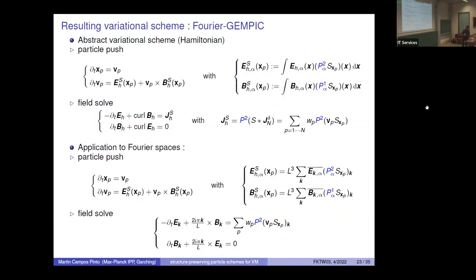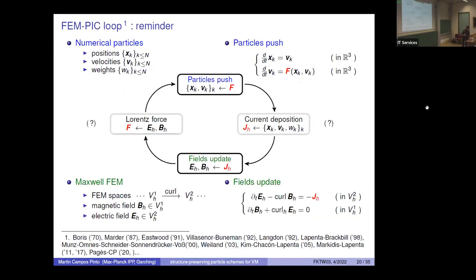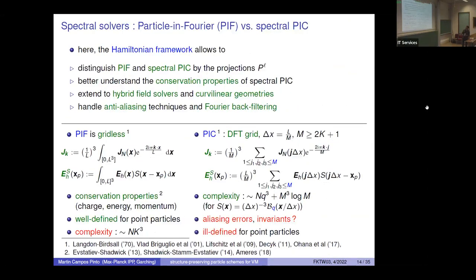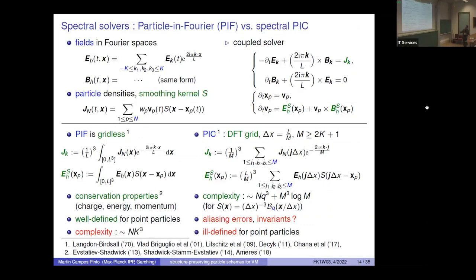Yes, that's a good question. Those operations on the left, in practice, they end up being DFTs. You can think of the case where J is the current density just carried by the particles.